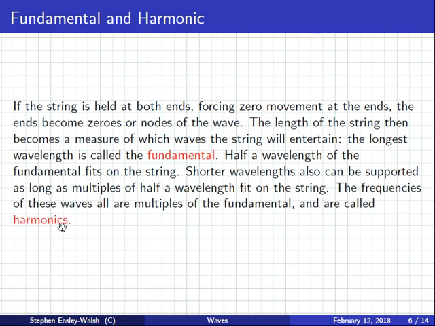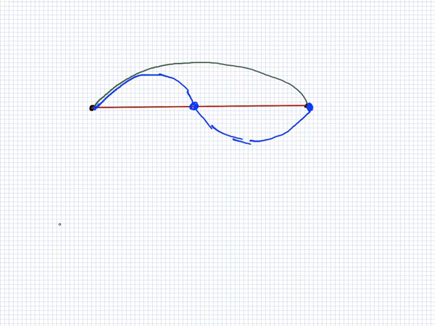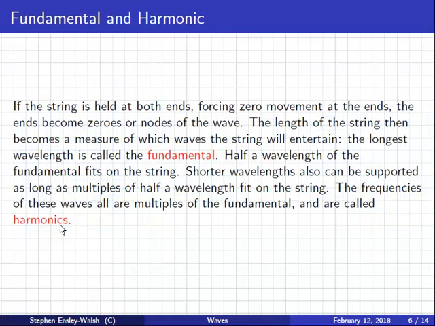There's harmonics. The frequencies, the multiples of the fundamental, are also called harmonics. If I remember this correctly, the fundamental is the first harmonic, and then the next one is the second harmonic, and the third harmonic.